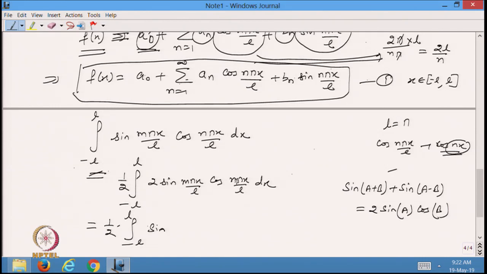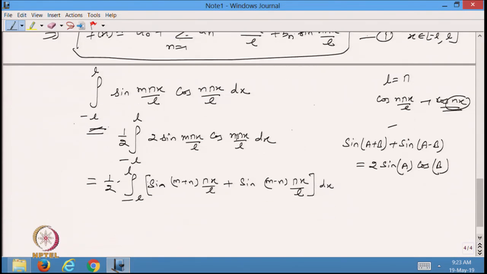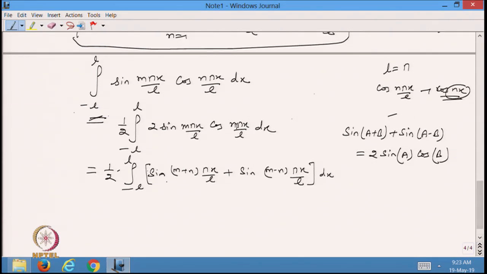So, from here I can write this as sine (m plus n) pi x by L plus sine (m minus n) pi x by L, and then dx. And I am doing this integration from minus L to L of this function.